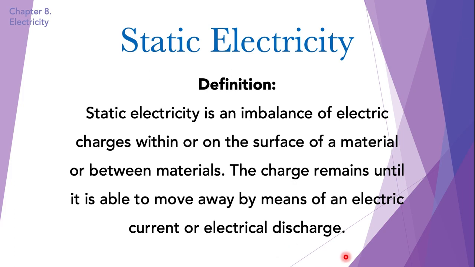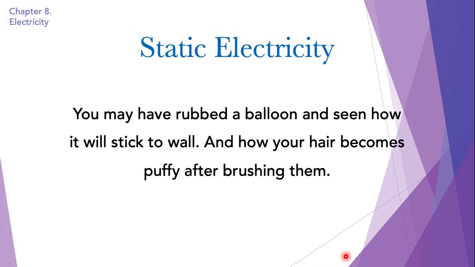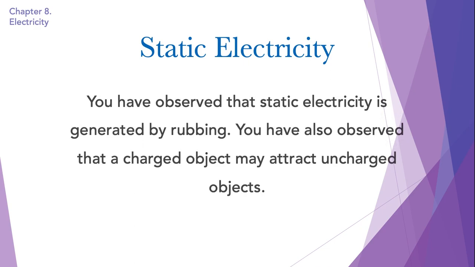So we experience static electricity in a number of different ways in everyday life. Like you may have rubbed a balloon and seen how it will stick to a wall and how your hair becomes puffy after brushing it. So you have observed that static electricity is generated by rubbing. And you have also observed that a charged object may attract an uncharged object.